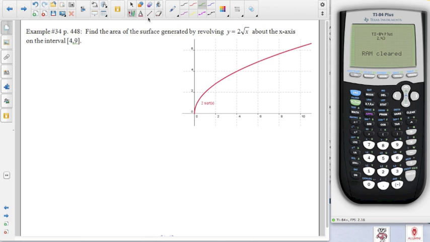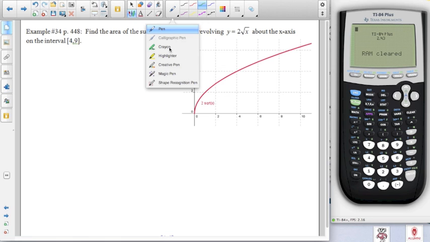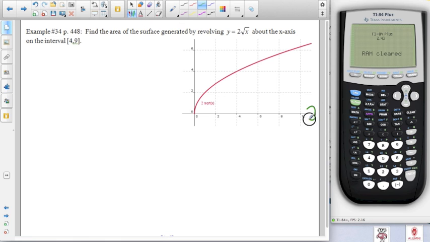For this problem, we're going to find the surface area generated by revolving this function about the x-axis. So we're going to rotate this about the x-axis here, and we're going to go from 4 to 9.